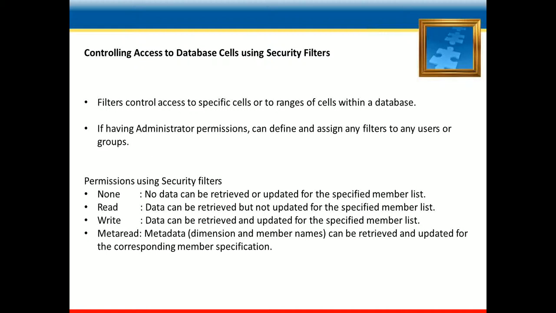In read permission, data can be retrieved but not updated for a specific member list. And if we permit a user with write permission, the data can be retrieved as well as updated. And meta read is where dimension and member names can be retrieved for the corresponding member specification.